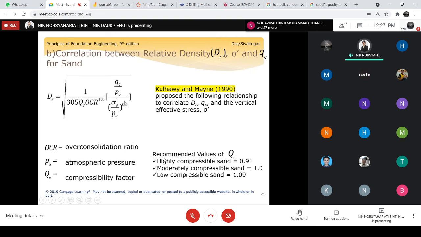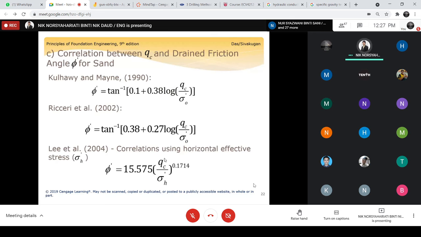Okay, so Kulhawy and Mayne insert the value of the vertical effective stress in order to find the relative density. The value here is a compressibility factor. You can refer to your type of soil. So this is the Kulhawy and Mayne equation.